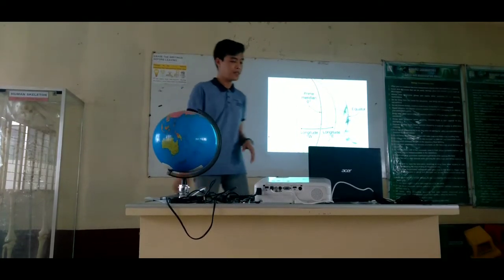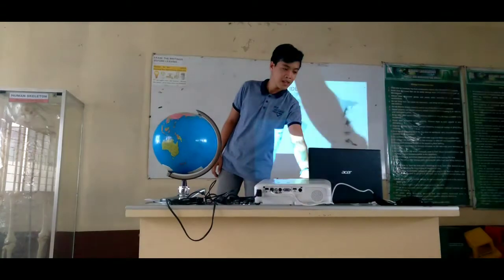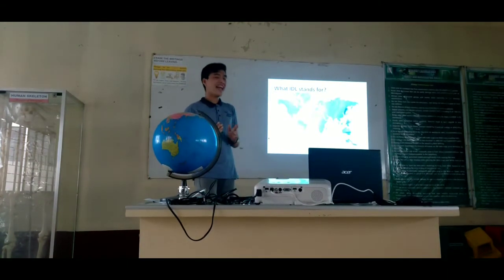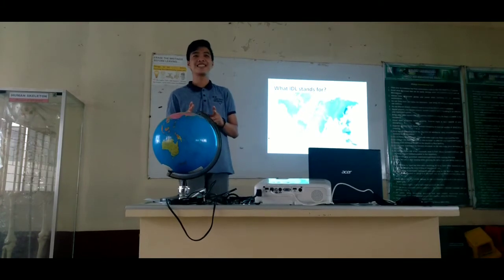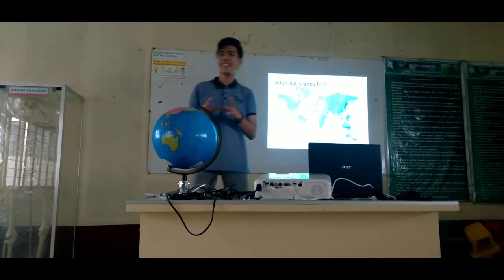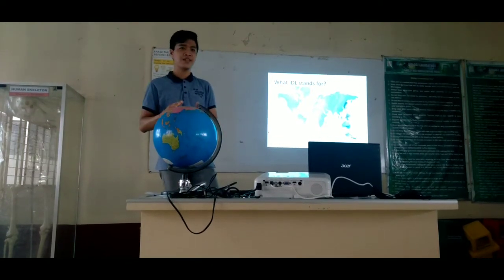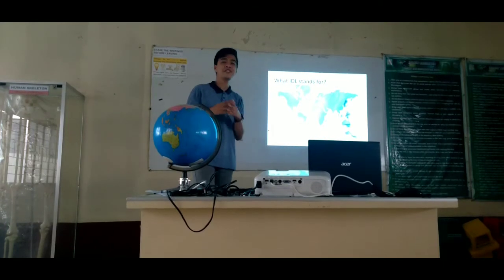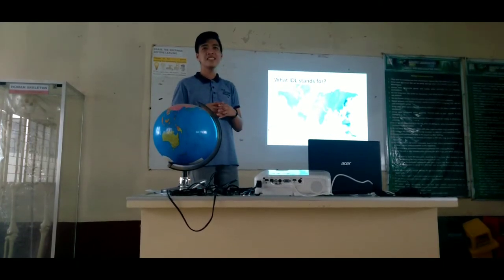Okay, very good. So, we also have the IDL. By the way, what does IDL stand for? Anyone, class? What is IDL? No, that's not the definition of IDL. Anyone?